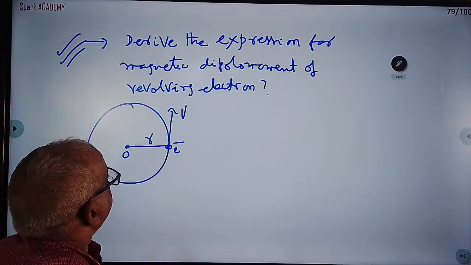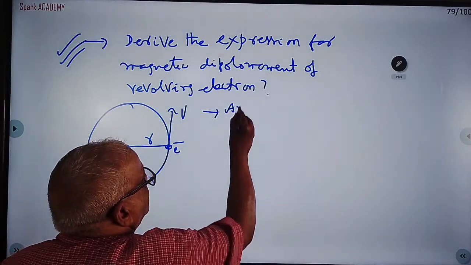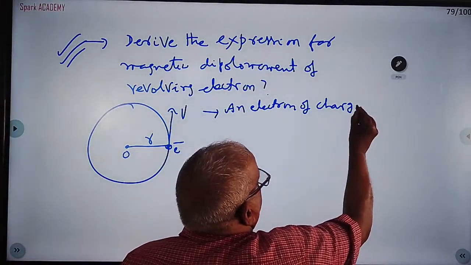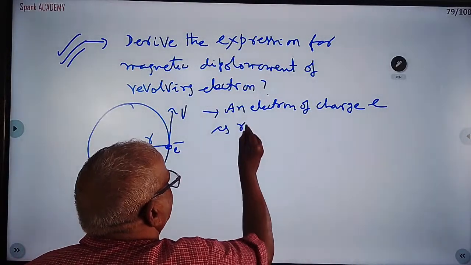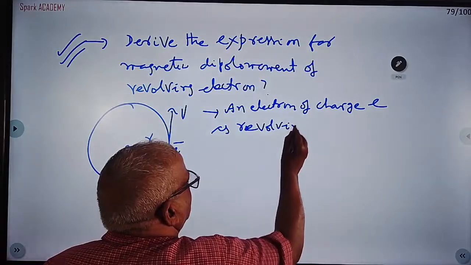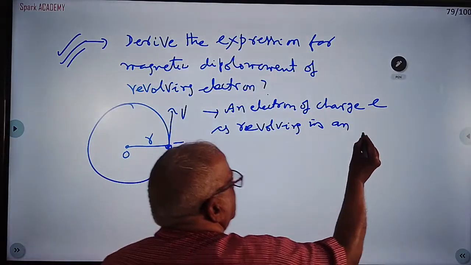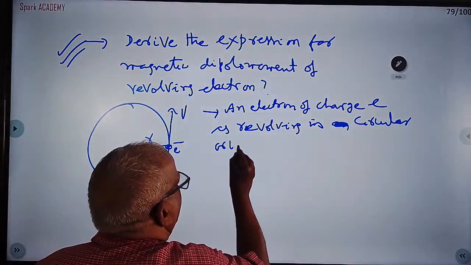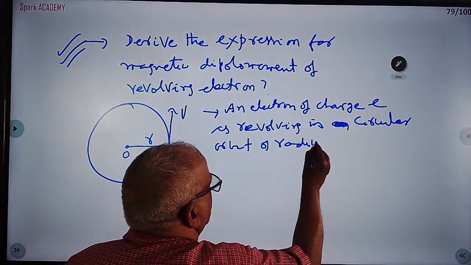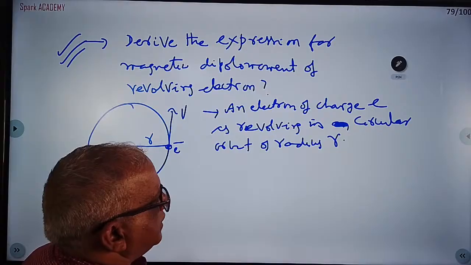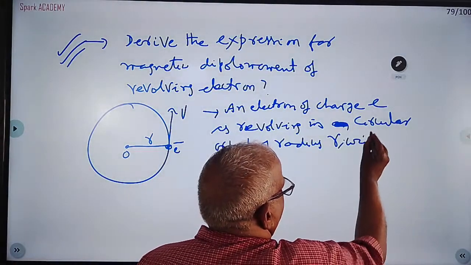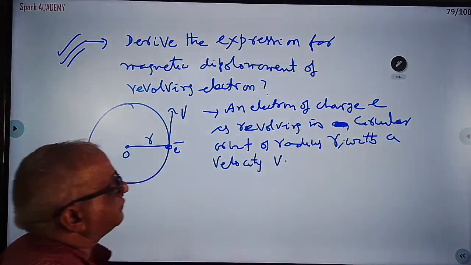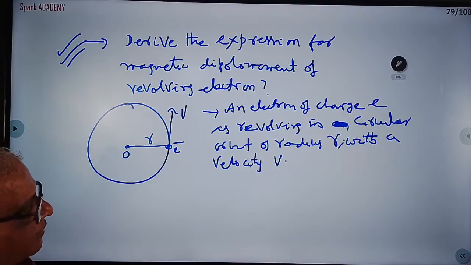So here an electron of charge e is revolving in a circular orbit of radius r with a velocity v.